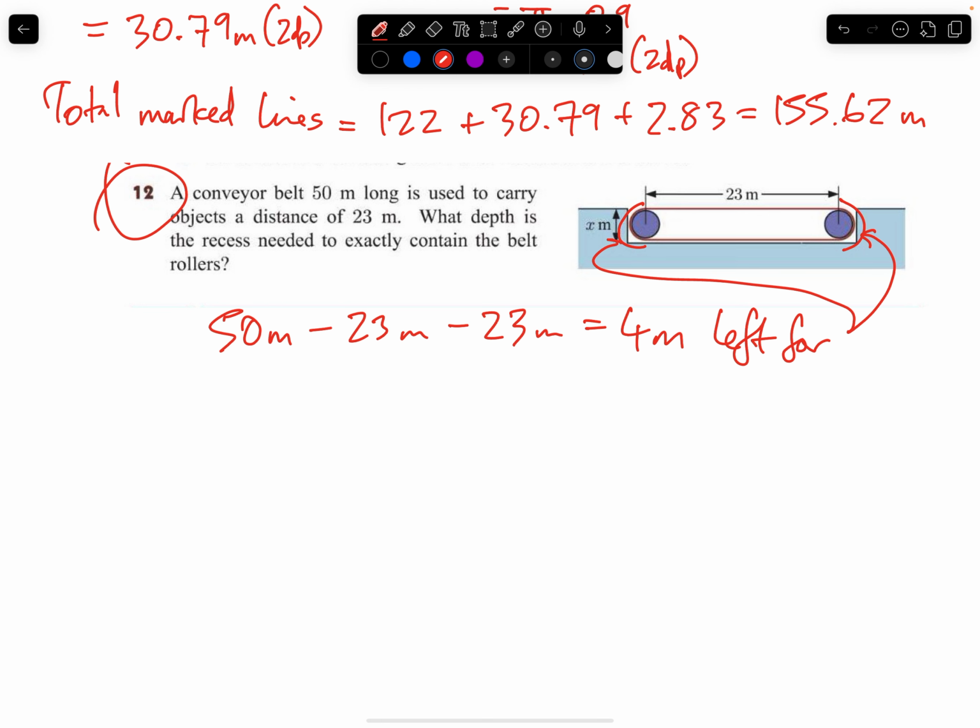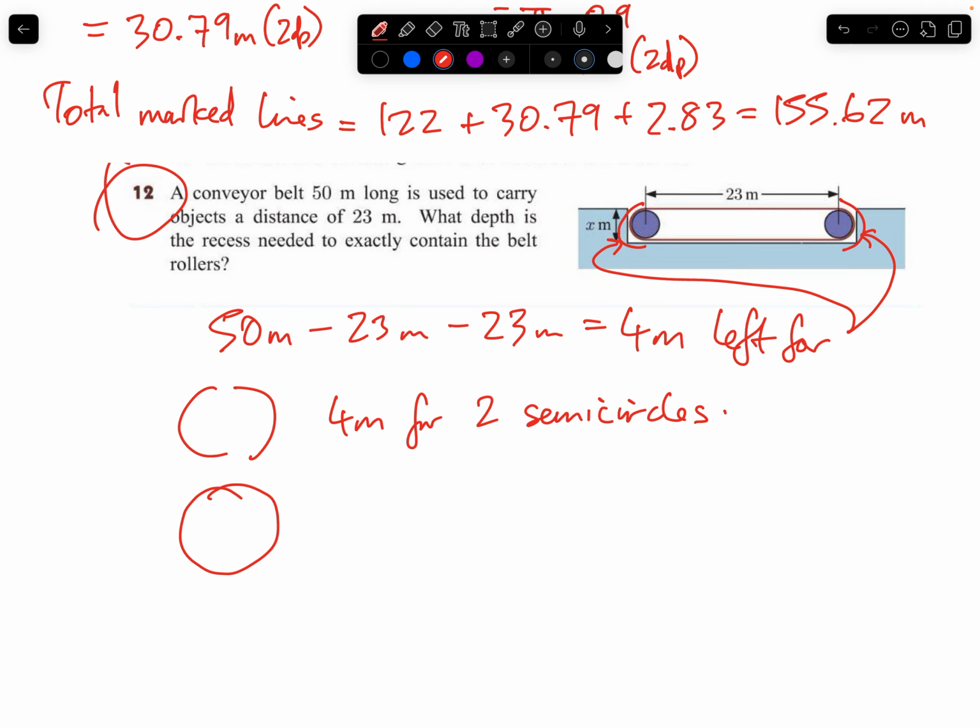You have two semicircles that add together that are 4 meters. 4 meters for two semicircles. But two semicircles are one circle. So this is going to be 4 meters circumference for the one circle.